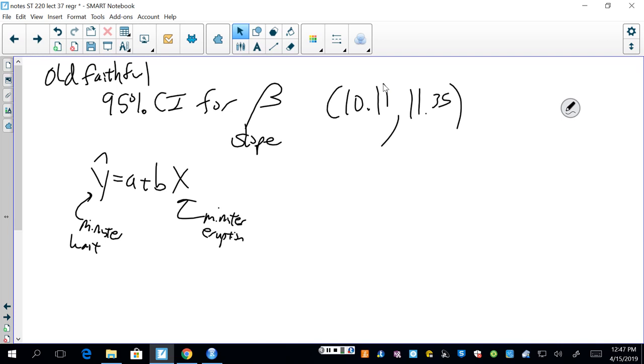We'll do a different example that's not quite like that. So we're 95% confident that the actual rate of trade-off is somewhere between 10 and 11 minutes roughly.